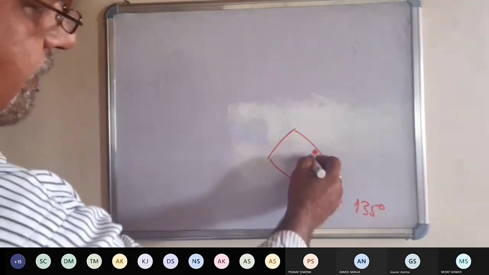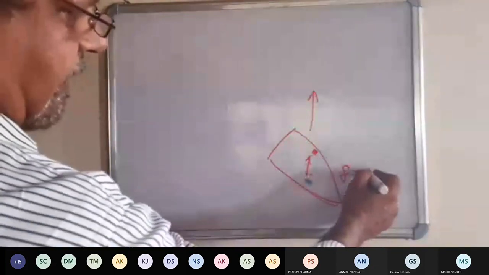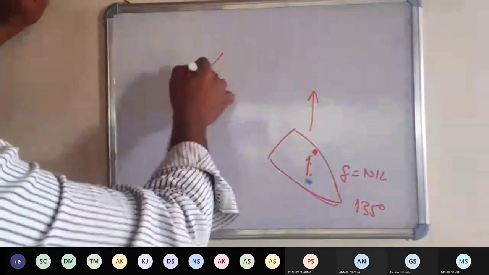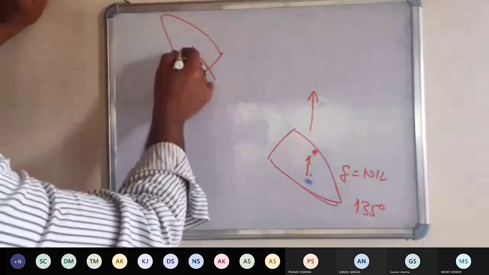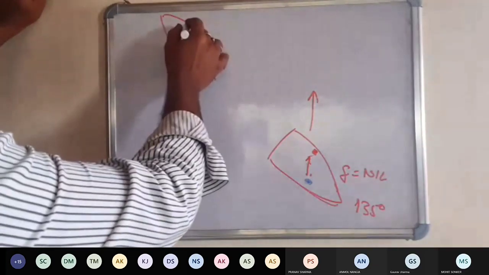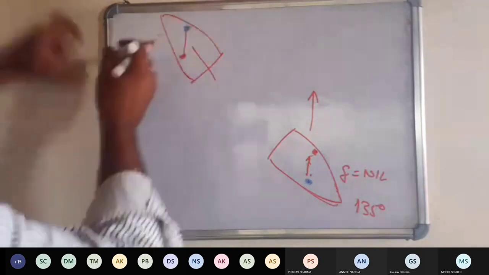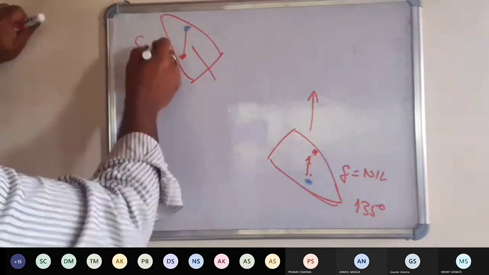The compass here is matching with H, so deviation is nil here. Opposite to that, when she is heading the other way, then this side is red, this side is blue. Then also deviation is nil.